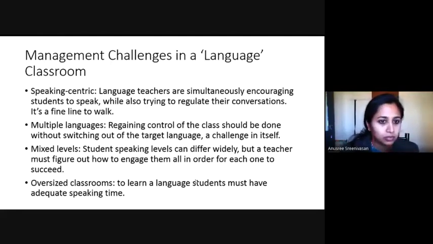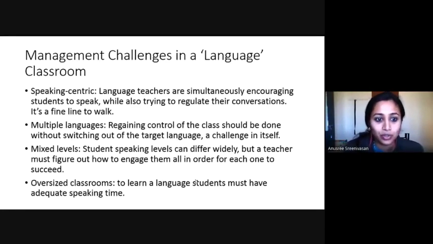So why language specifically? Teachers of any subject face their fair share of management challenges, but in many ways, language teaching takes those challenges to a new level. Here is why. The first thing is that it is speaking-centric. Language teachers, as opposed to other teachers, are simultaneously encouraging the students to speak.